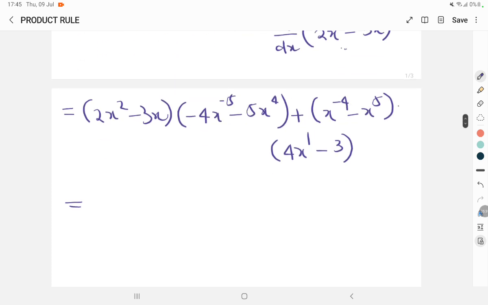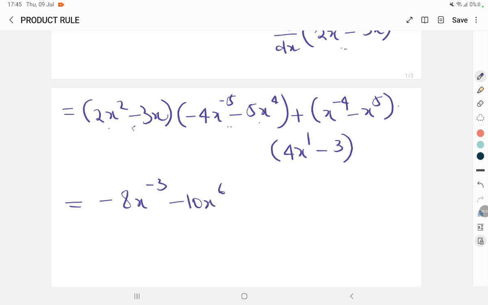Then we have to multiply this function with this function, right? So 2x squared multiplied by -4x to the power of -5, we're gonna have -8x to the power of -3, right? Then 2x squared multiplied by this one, we're gonna have -10x to the power of 6.